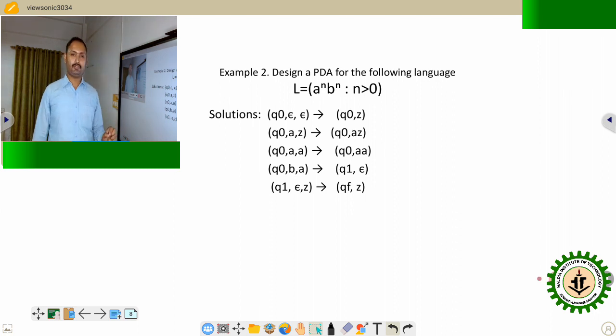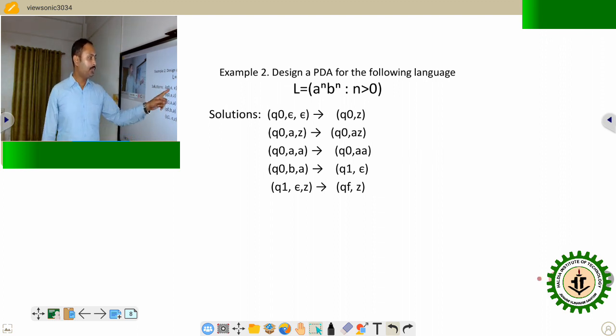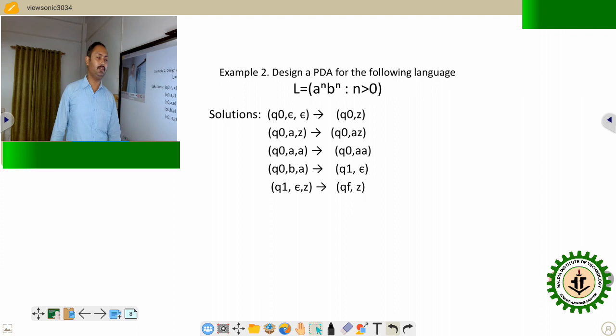We have to do this movement at first. The input tape is empty and the top of the stack is also empty, so we are going to add the Z symbol into the stack.